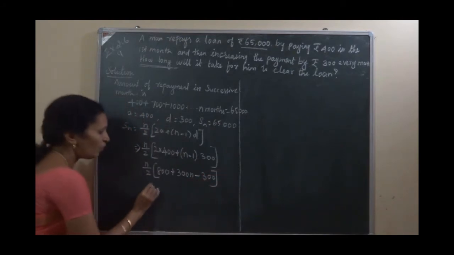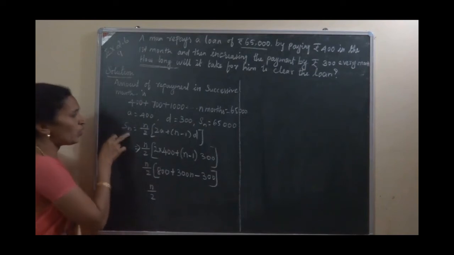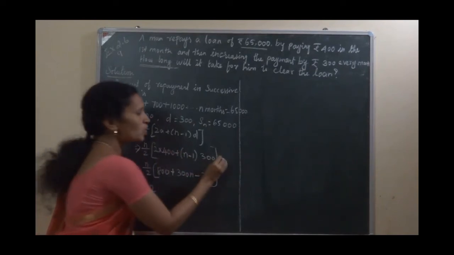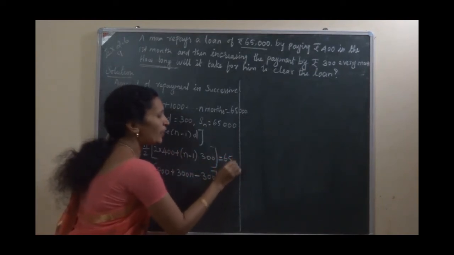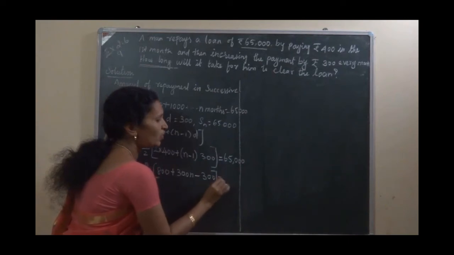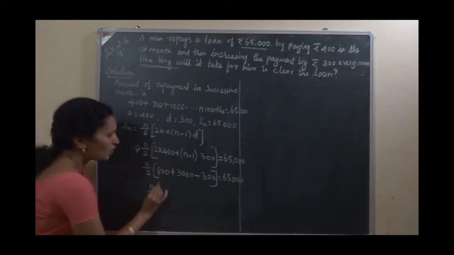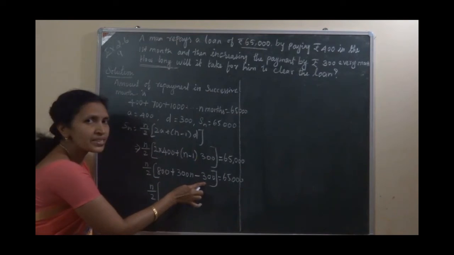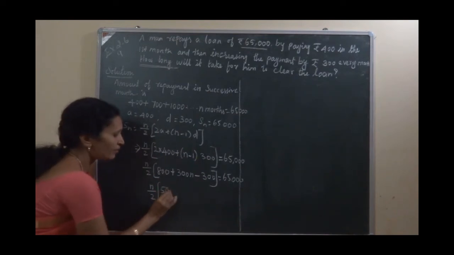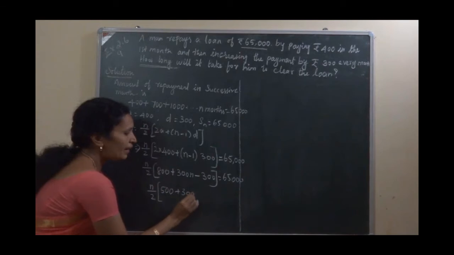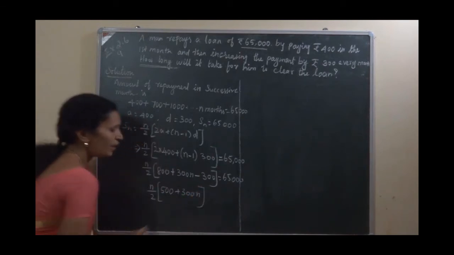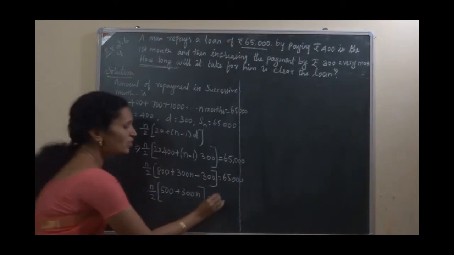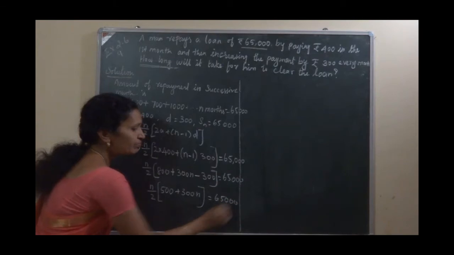Now we know the value of Sn, so apply 65,000 here. n by 2 into, 800 minus 300 is 500, 500 plus 300 n, equal to 65,000.